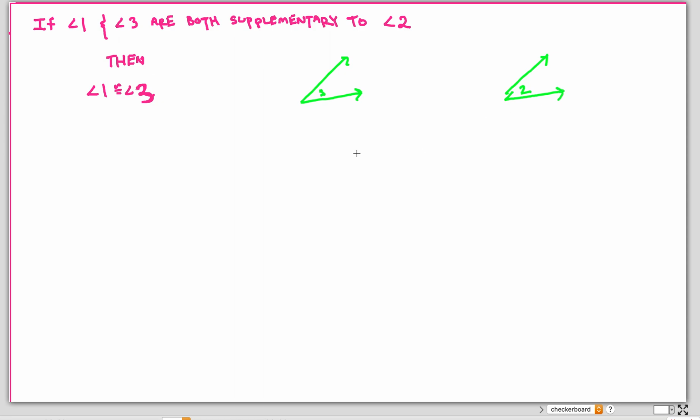Or sorry, you have some other angle, this is angle 3, and then you have angle 2. If the measure of 1 plus the measure of 2 is 180, and also the measure of 3 plus the measure of 2 is 180, that must imply that these two angles are actually the same. And we're going to prove that with statements and reasons.